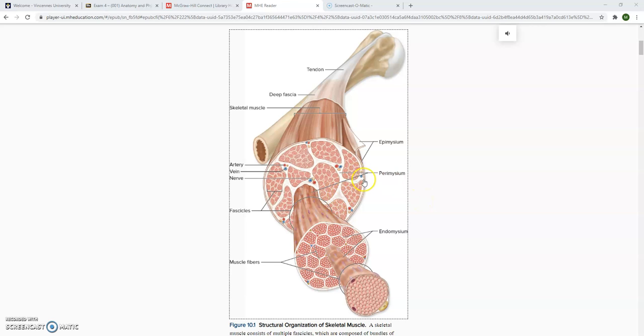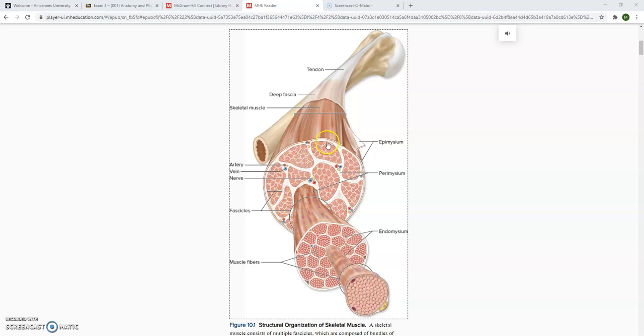And then if we look, they did a cross-section through this skeletal muscle. And you'll notice that we have these bundles. They call them fascicles. That's the term for bundles in A&P. So this is one fascicle, here's another fascicle, there's another fascicle.